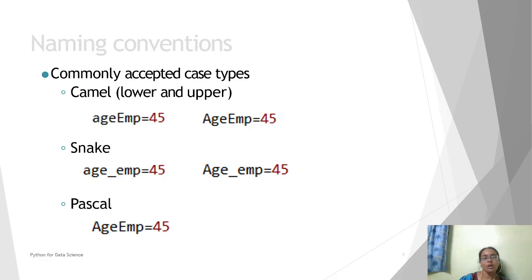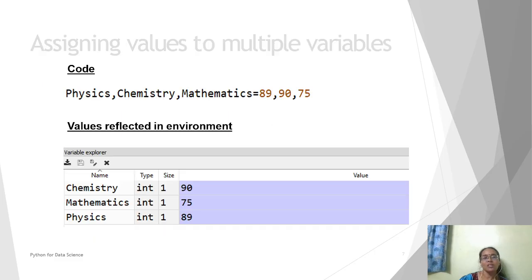The next one: what are the commonly accepted terms? Camel case means we can use both lower and upper cases. Snake case means we can use the underscore symbol. Pascal case means we can use it without any space. So these are some of the naming conventions. We can also assign multiple variables with multiple values in a single line.